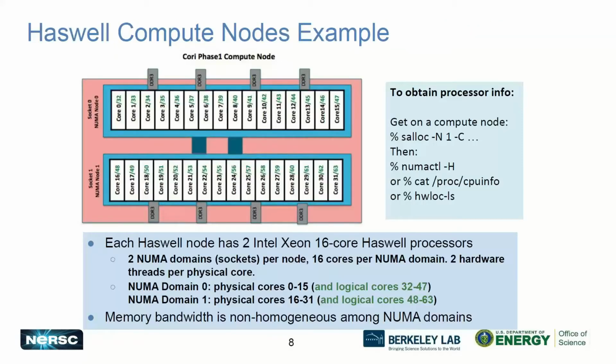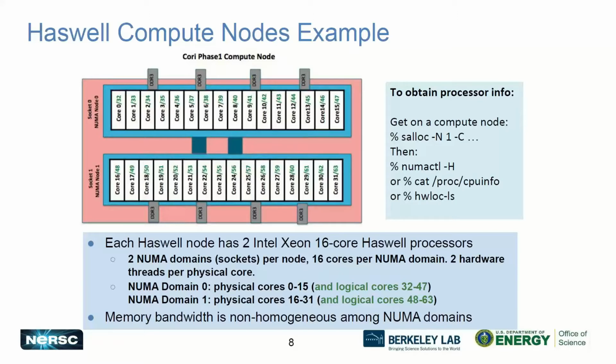So based on the information on the previous 2 slides, I drew a simpler diagram so it's easier to see. For this Haswell node, you have 2 NUMA domains, 0 and 1, and each NUMA domain has 16 physical cores from 0 to 15.